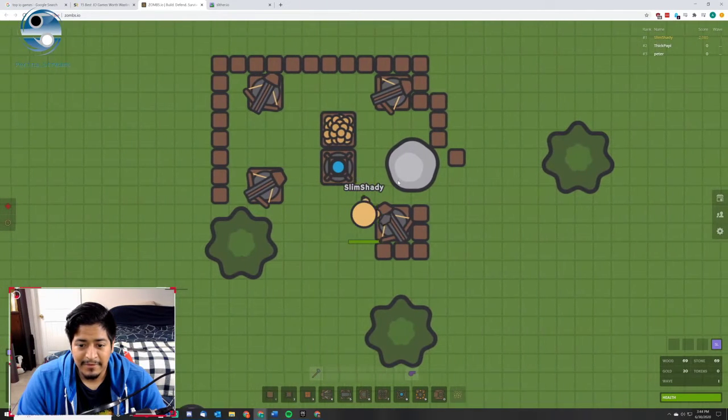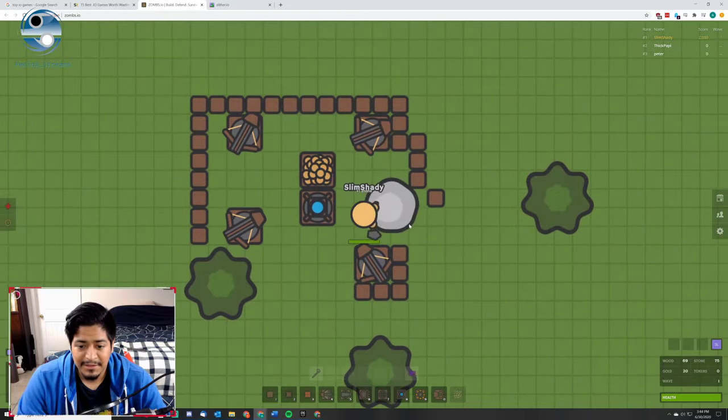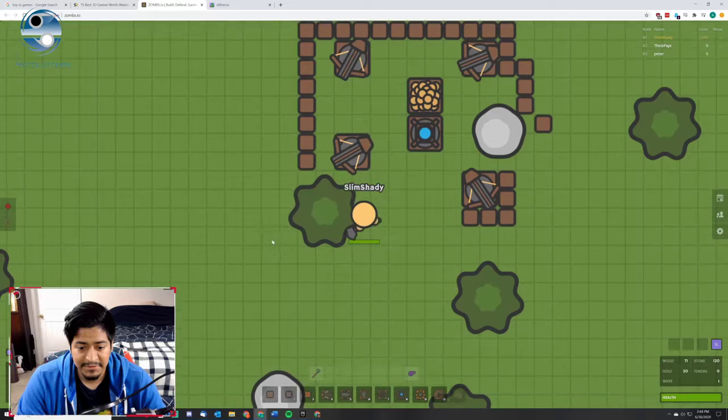So this is going to be my first layer of defense. Then I'm going to make a new layer, then a new layer, then a new layer, and then zone it out into some sort of maze-like structure. Yeah, that should be enough stone.